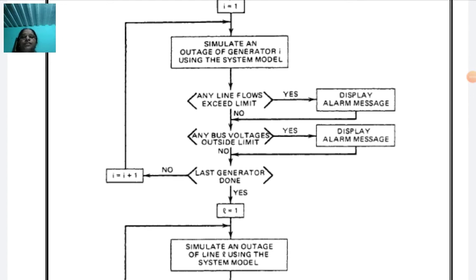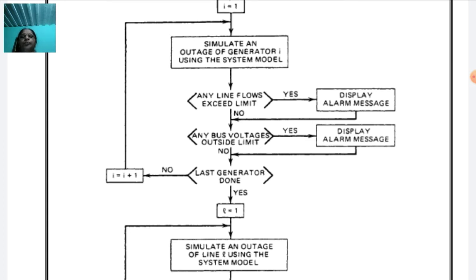Suppose this is not the last generator. Then the generator outage is incremented by 1, that is, I equals I plus 1. Again go to simulate the outage of generator 2 using the system model, then check the line flows, then bus voltages, then again the last generator check.